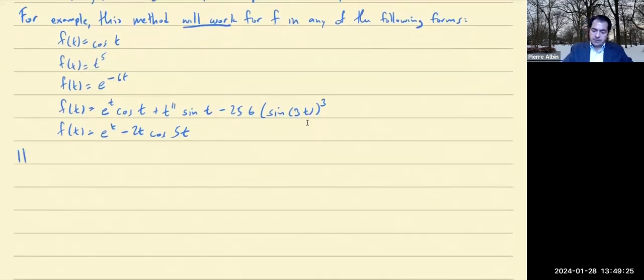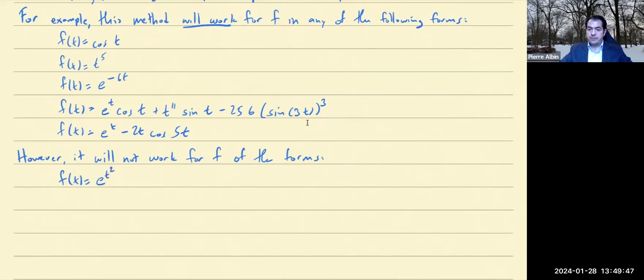However, it will not work for f of the forms. So say you had f of t equals e to the t squared, right?